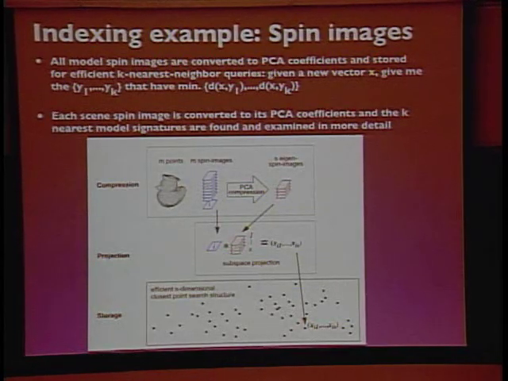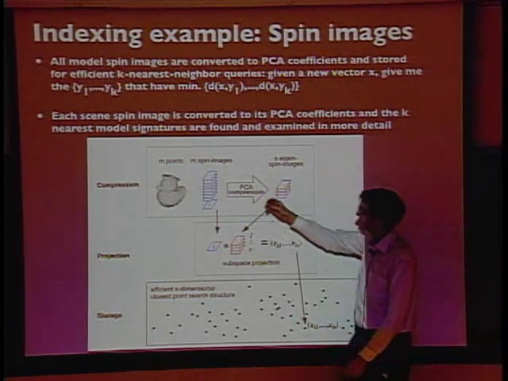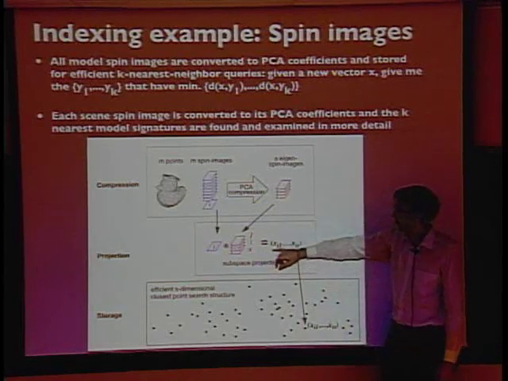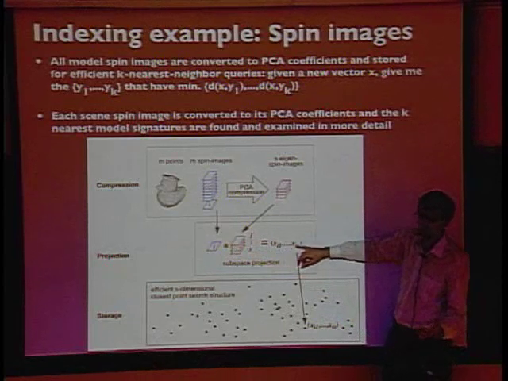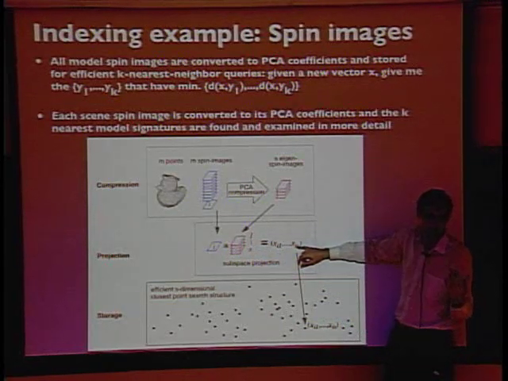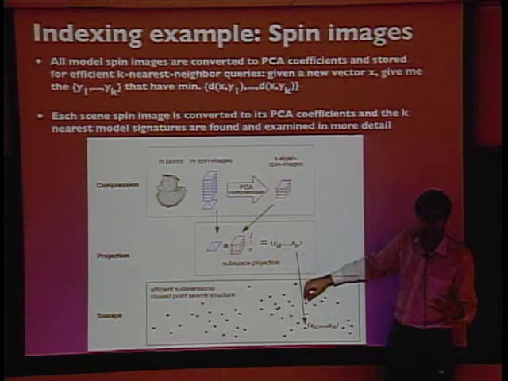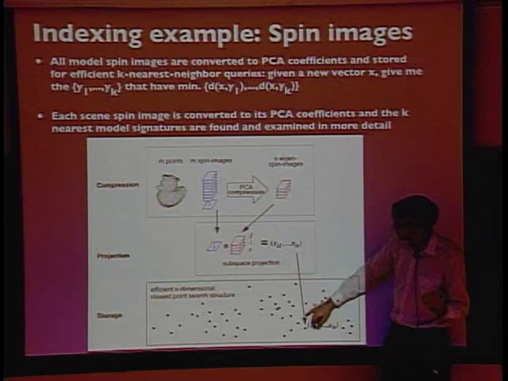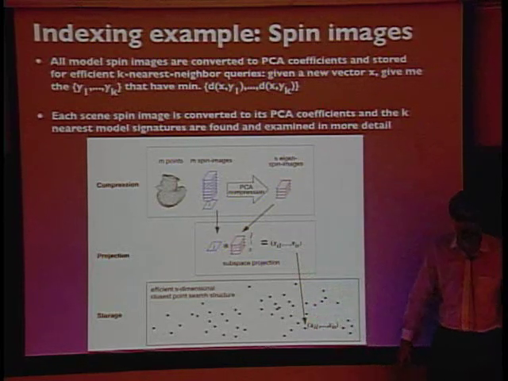So if you're given a new point in the scene and you calculate its spin image, you can then project that onto your eigenspin image space to get a new short vector of numbers that represents that point in the scene. And then you can ask the question, for this vector of numbers, is there another vector of numbers that is proximal to it in this S-dimensional vector space?